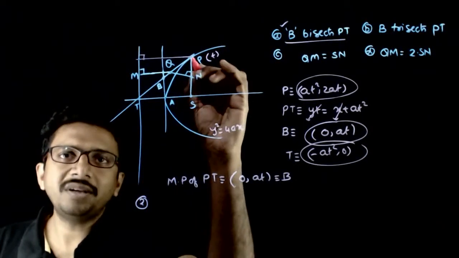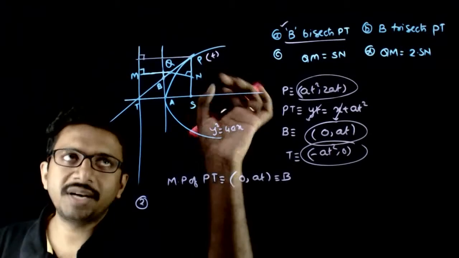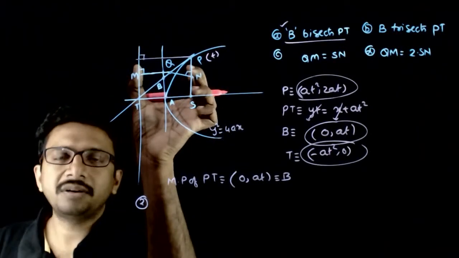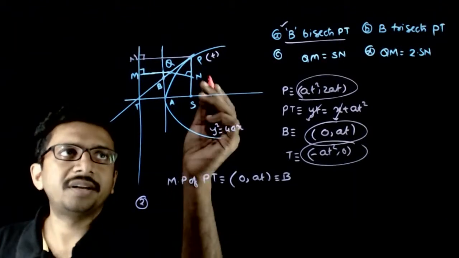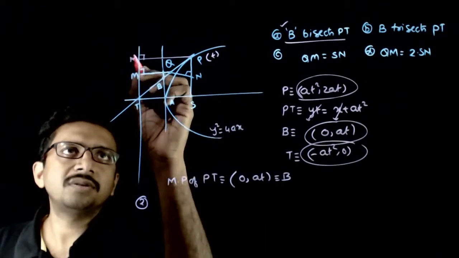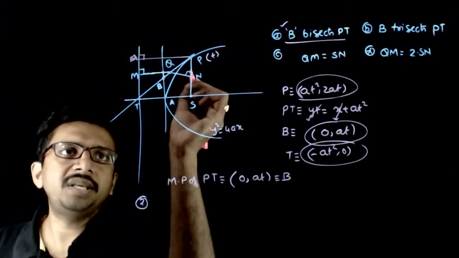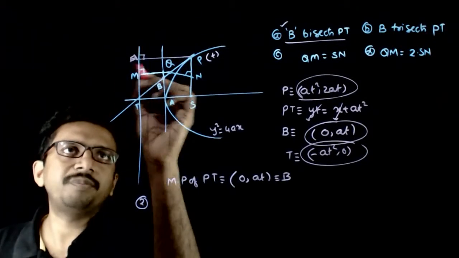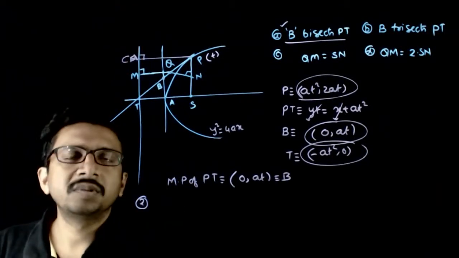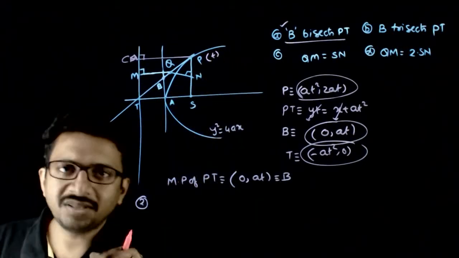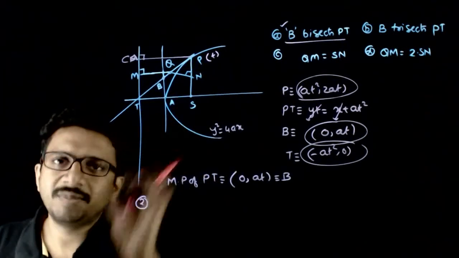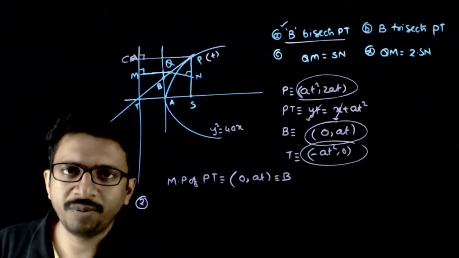From any point you can join the focus to get the focal radius, and you can drop a perpendicular onto the directrix to get PN, but N is already used, so let us take it as PC. Now we know that SP is equal to PC. This distance will be exactly the same as this distance. That's the definition of parabola.